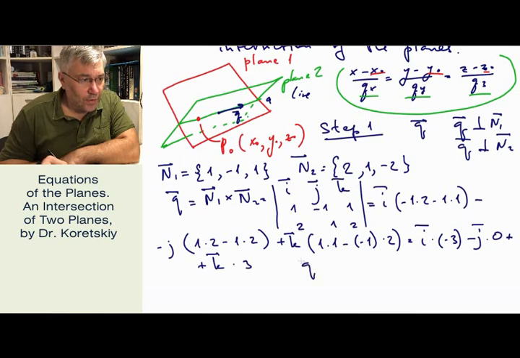So vector q has components minus 3, 0, 3.